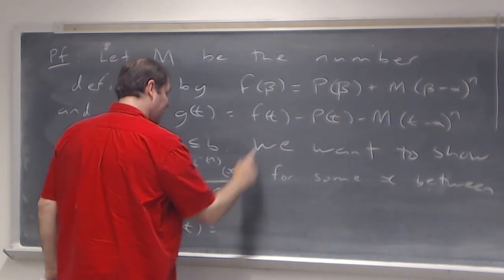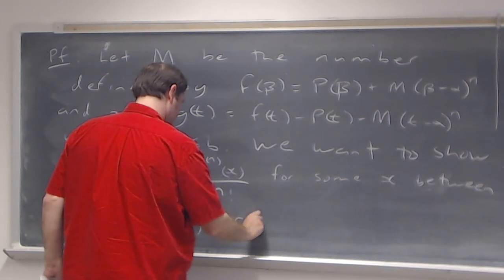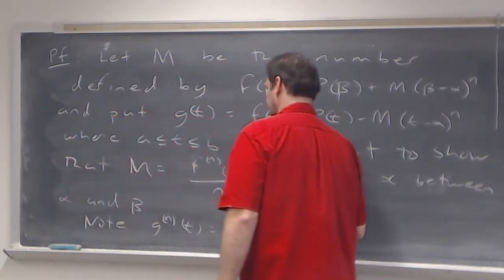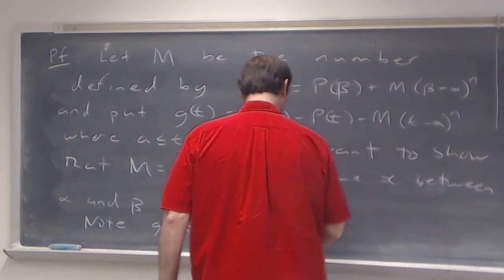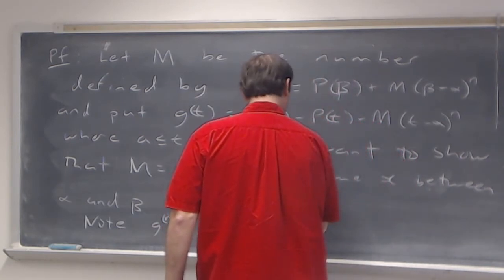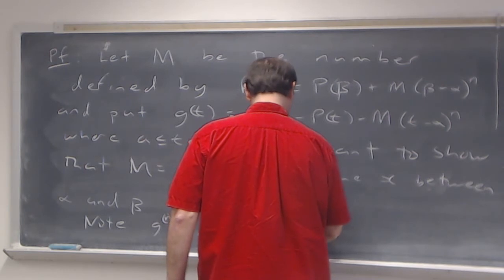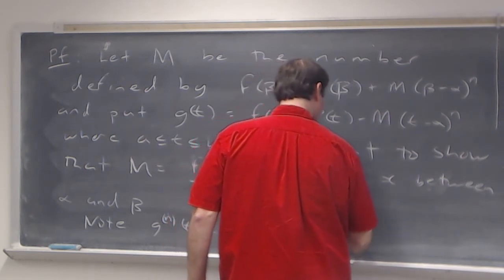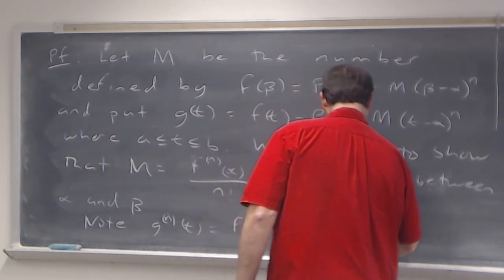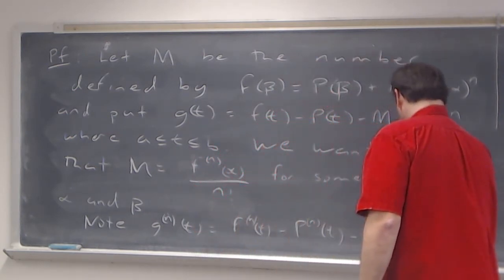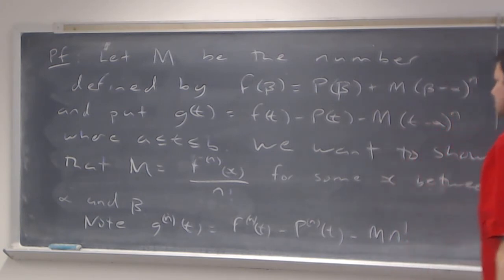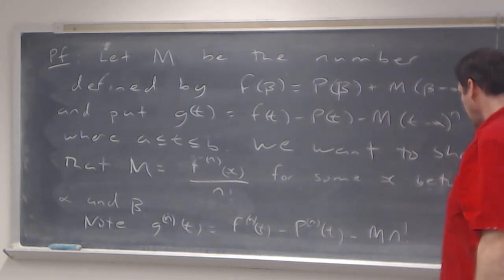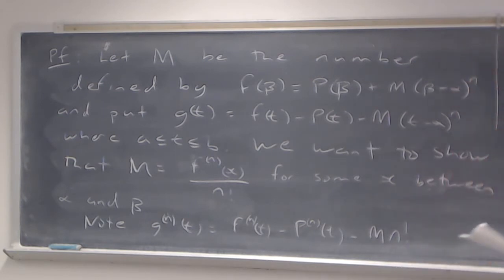It's going to be the nth derivative of f, which exists, evaluated at t, for everything in between a to b, minus the nth derivative of the polynomial, minus m times n factorial. We did the derivative of this n times. That's what we get. And that's the answer for this. Okay?